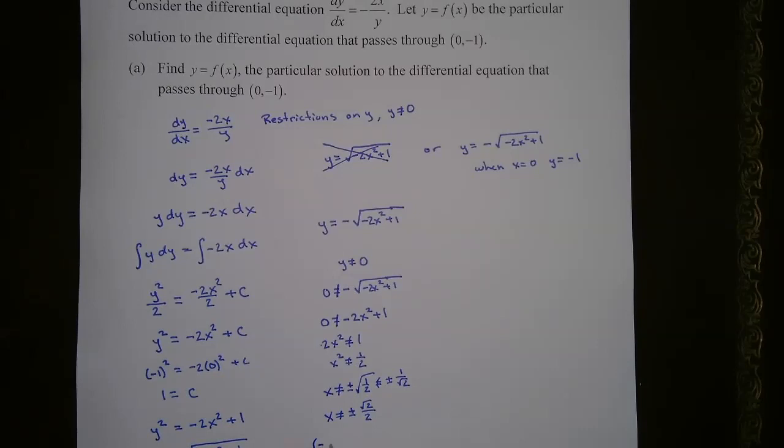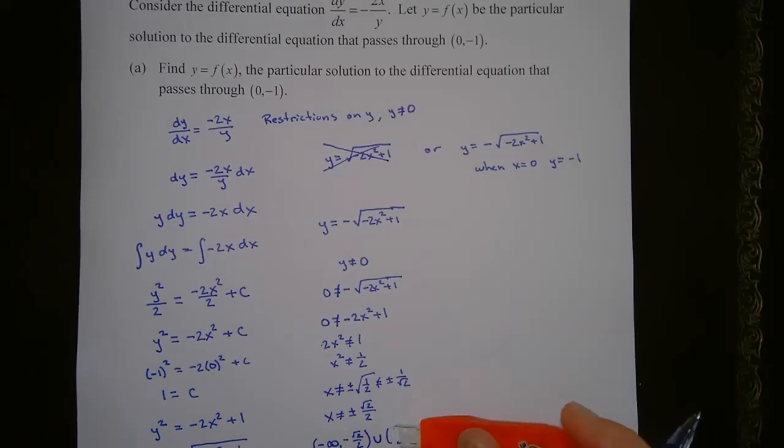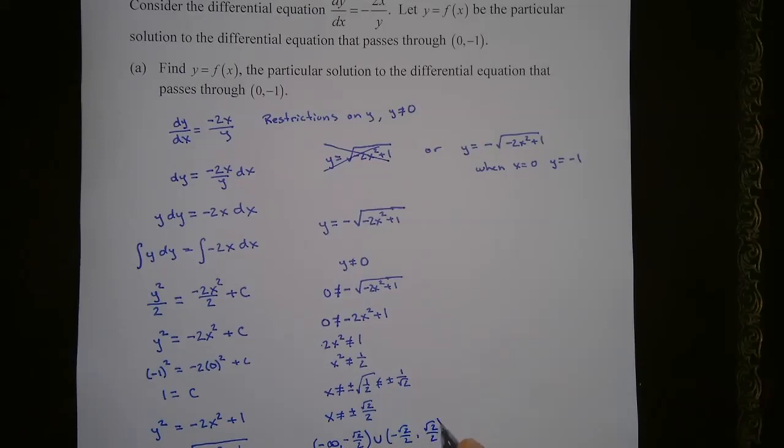Let me write this out: negative infinity to negative square root of 2 over 2, union negative square root of 2 over 2, comma, square root of 2 over 2, and then union square root of 2 over 2 to infinity, right? Because there's two x values that we can't use, okay?